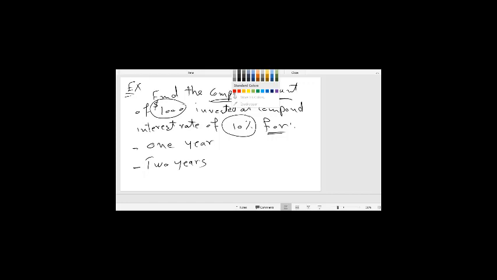Remember that S equals P times 1 plus I to the power N.